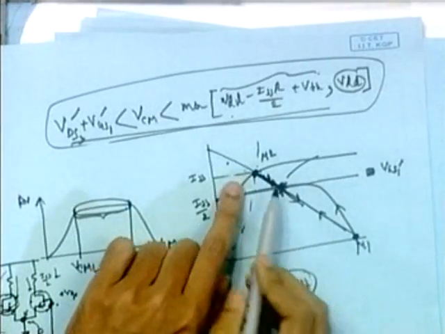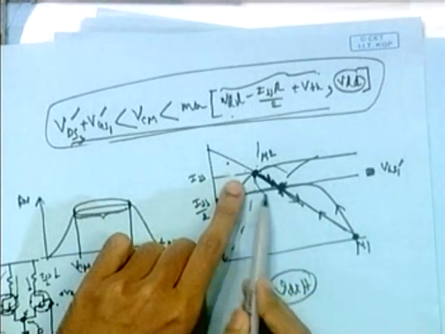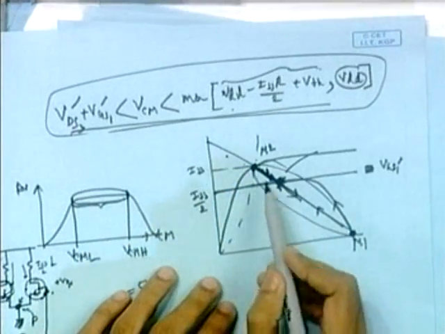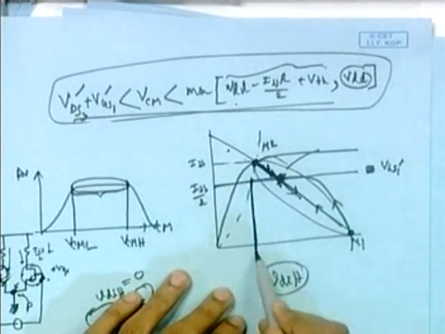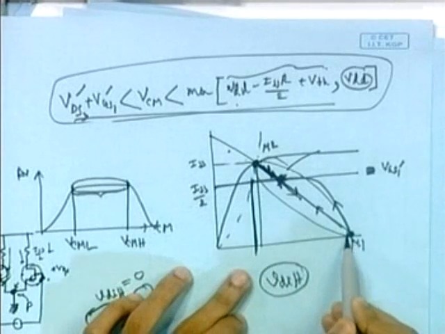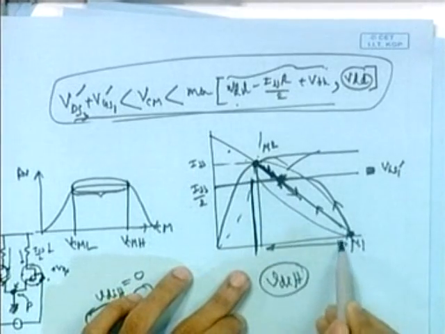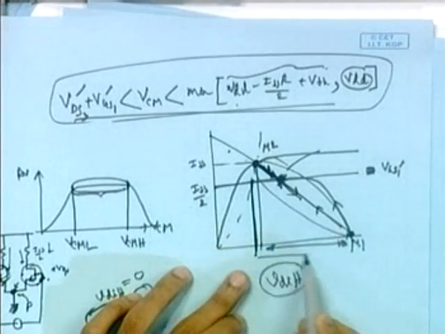So there is a range for which M2 and M1 both will reside in this zone, and you see that range is less than your VCM. This is your VCM high, and this is the range you get from your differential. So the differential voltage range is normally less than your ICMR.